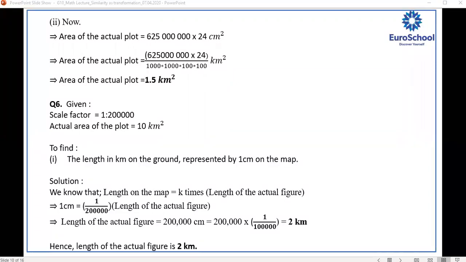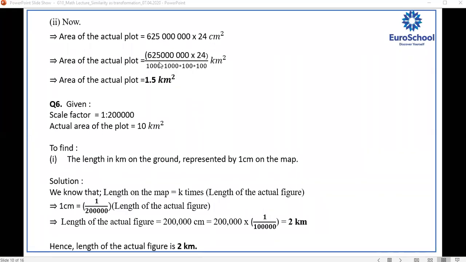Who can tell me without turning pages? 1 centimeter square is 1 upon 10 to the power 10 kilometer square. Very good. So here 1, 2, 3, 4, 5, 6, 7, 8, 9, 10, 10 zeros are here. 6 we can directly cut because they're all multiplying, right? So can we cut 6 zeros directly? Then we have to do just a small calculation: 625 into 24 upon 10,000.